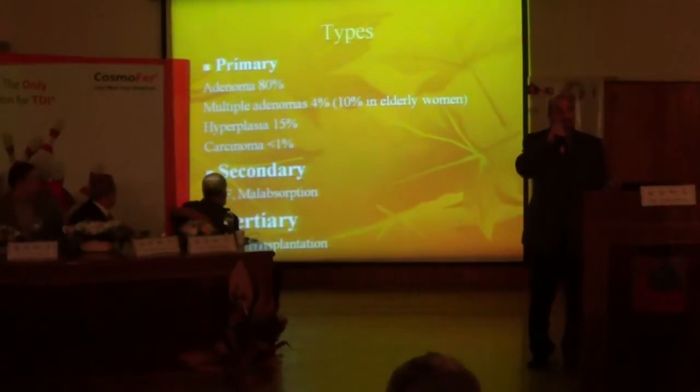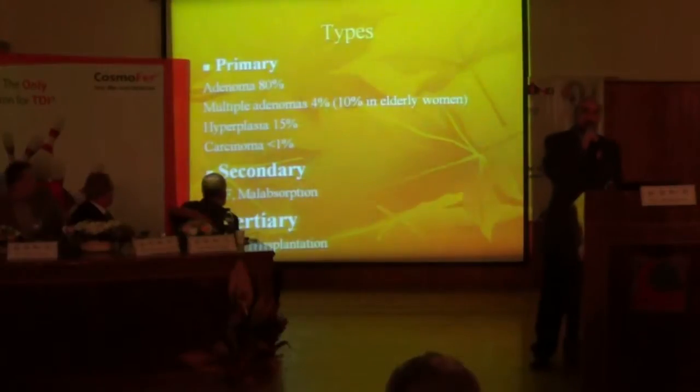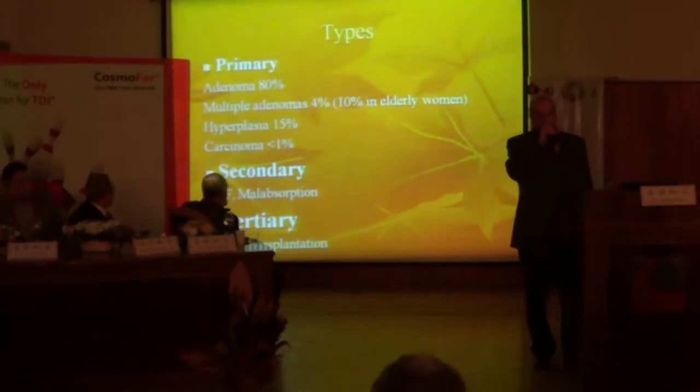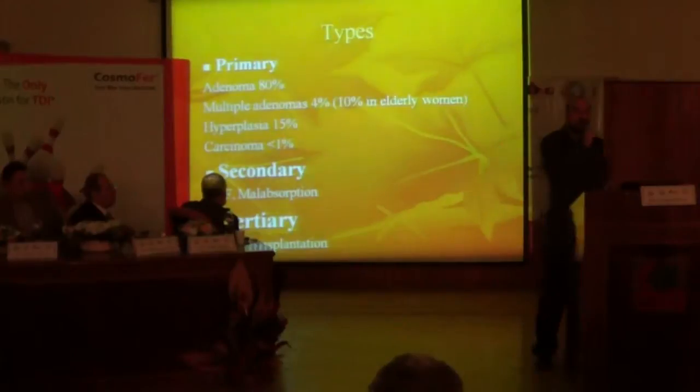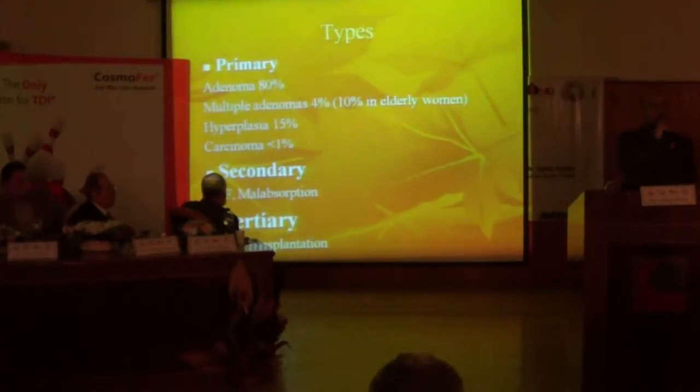Bearing in mind that 20% could be multiple adenomas or hyperplastic glands, it has an effect on the decision making on how to localize them. Because localization is almost always inaccurate in hyperplastic disease and in multi-gland disease, even in the primary setting.